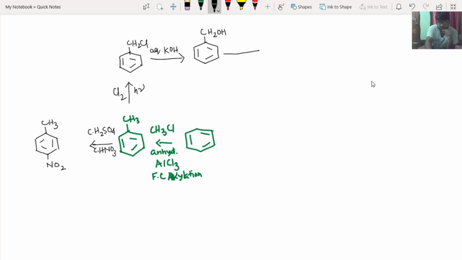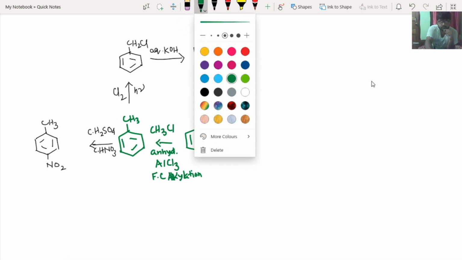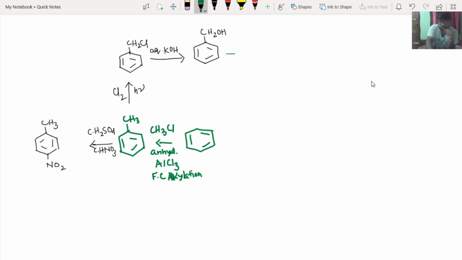And now if we add PCC, pyridinium chlorochromate, on this benzyl alcohol, what we will get? We will get nothing but benzaldehyde.